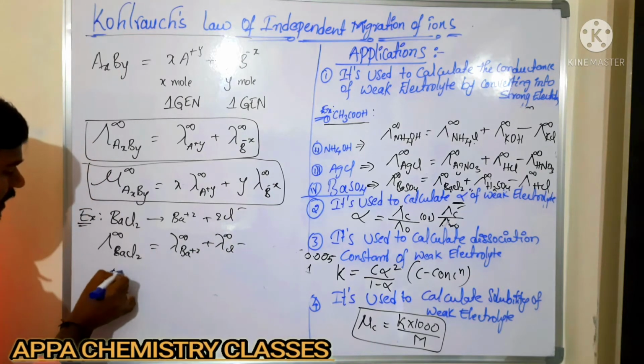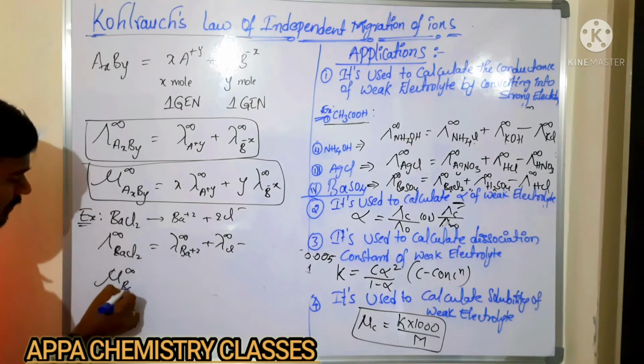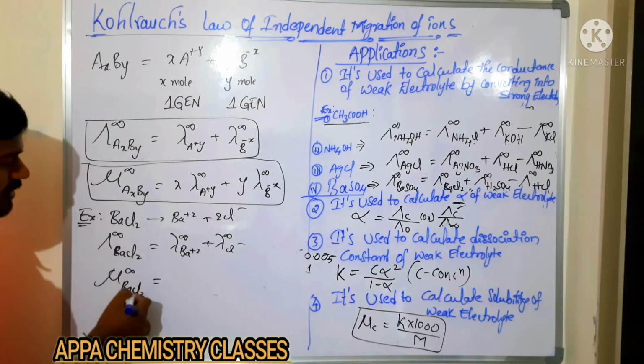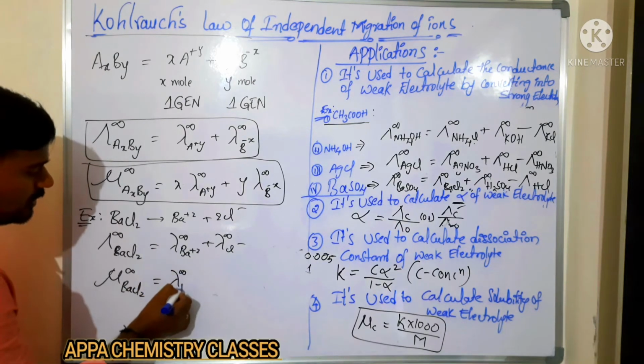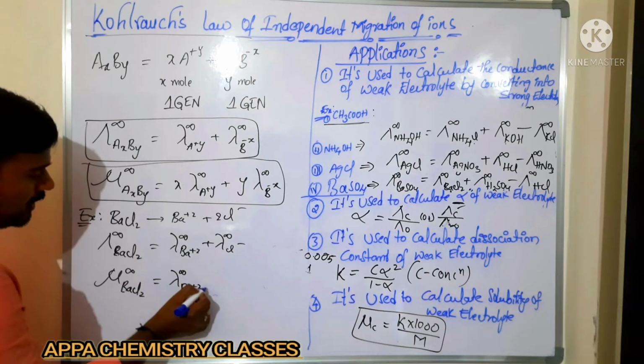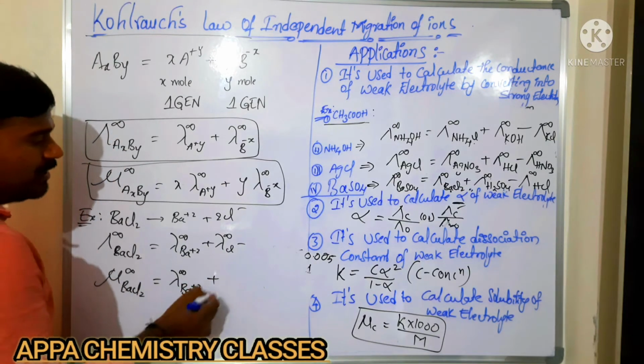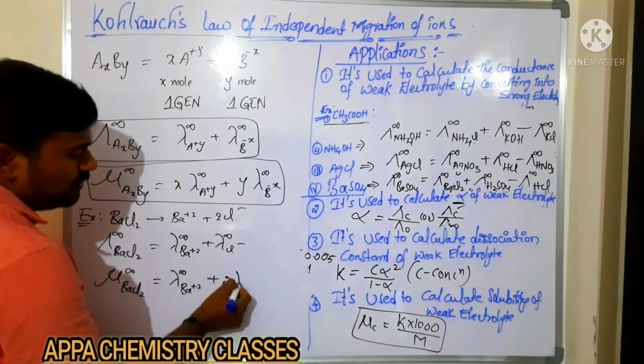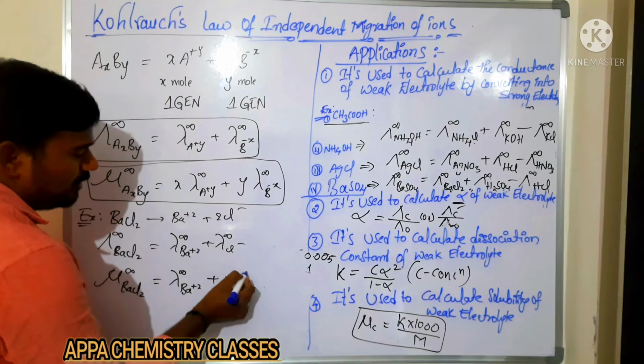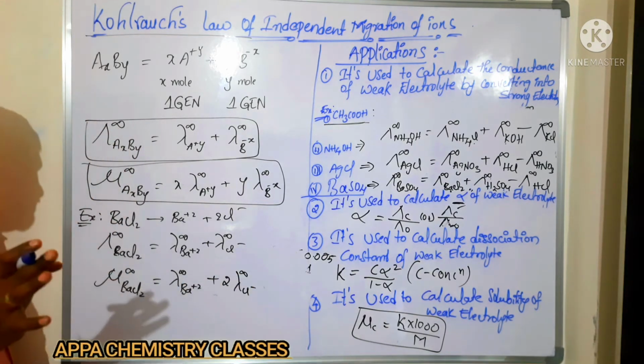Whereas if you are writing limiting molar conductance, it is the sum of the limiting molar ionic conductance of barium ion as well as 2 Cl minus ion at infinite dilution. Is that clear?